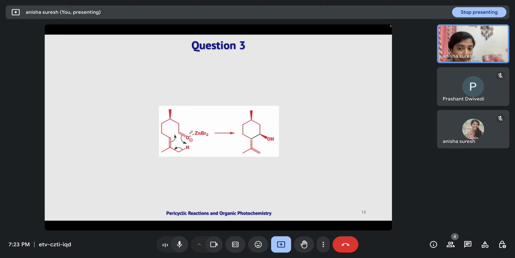The zinc bromide will coordinate with the aldehyde, which is the enophile part, making it more electron deficient, bringing down the LUMO, so that the reaction will take place at a faster rate. Then the hydrogen will be abstracted by this oxygen, thus the double bond will shift here, and a carbon-carbon bond will be formed between these two carbons, resulting in the formation of the product.